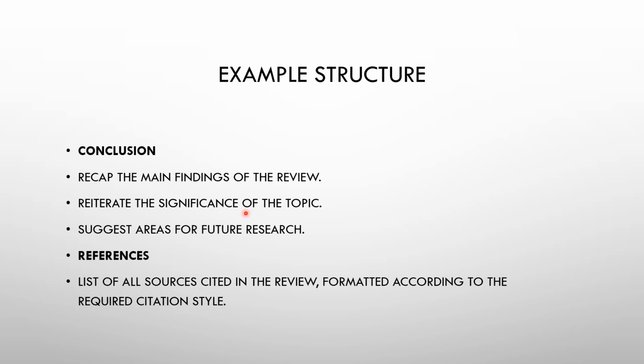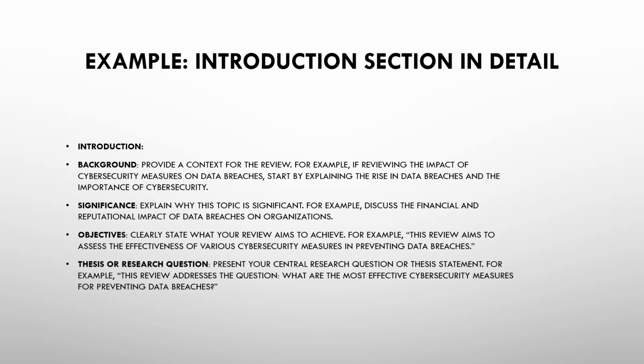Conclusion: recap the main findings of the review, reiterate the significance of the topic, and suggest areas for future research. References: a list of all sources cited in the review, formatted according to the citation style.